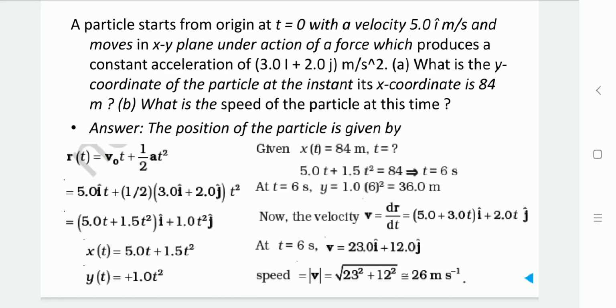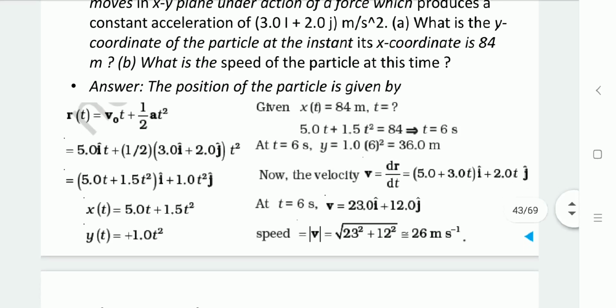Now velocity is dr by dt. The position vector r is already there. Let us differentiate it with respect to time. So we get the equation 5 plus 3t in the i component plus 2t in the j component.